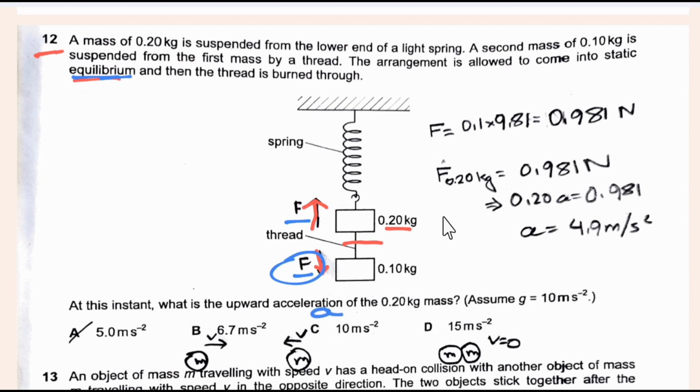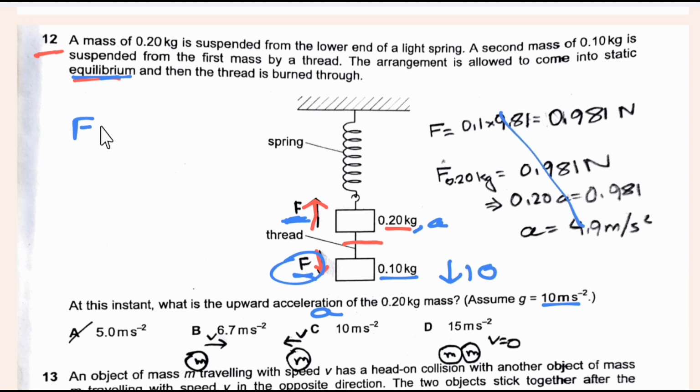Resultant force is equal to mass into acceleration, but we need to find this force. From the 0.10 kg mass, the same force is acting, and since it is moving freely, the acceleration is given as 10.